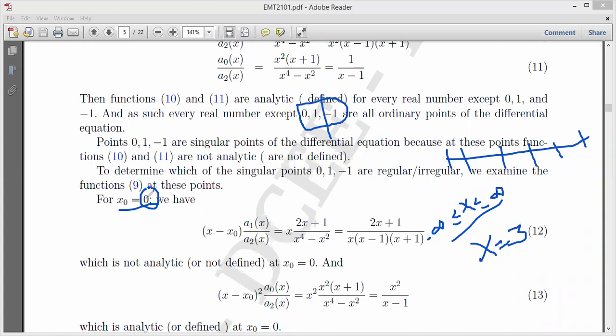So since I had tested for 0, and I've already substituted that this x naught is 0, and I simplify it to something like this, anything outside 0 that I substitute here will be valid. But the question is, what was I worried about in the first place? It was 0, 1, and -1.